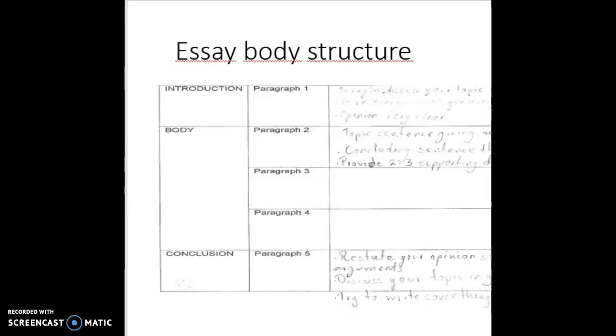The first paragraph is the introduction, then the 3 body paragraphs, where you are going to develop your idea and give details of your idea. And then you have the conclusion, where you are going to restate the main idea of your thesis. Your thesis, you are going to write it in the introduction.